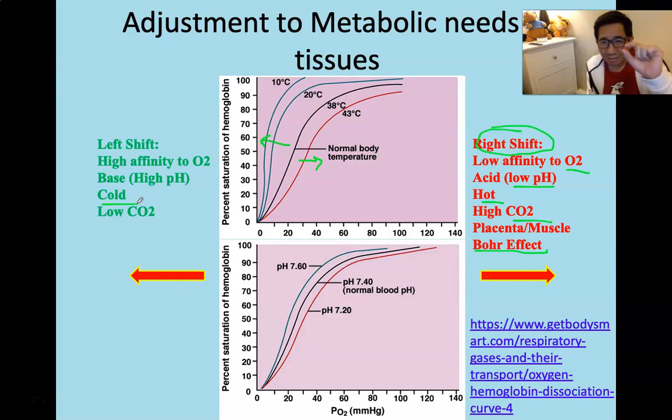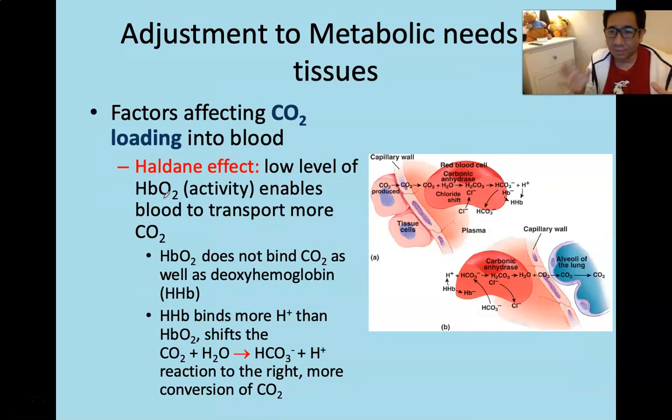You have very little CO2, and your body is going to become basic. You have less CO2, more oxygen, and your body becomes basic. Shift to the left. So know the different shifts, whether it's the right shift or left shift. That's going to be on your test.